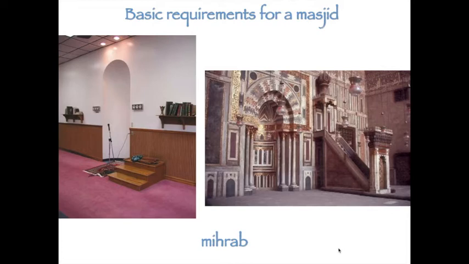On the left, a relatively plain, white, plastered and painted arch, and on the right, the Grand Mosque outside of Cairo, an ornate, columned, and tile work designed mihrab. Both serve the same function, orienting you towards the direction of Mecca. Now, there's another element in these photos that is similar, but in one case on the left, a little humbler compared to the same comparable element in the mosque outside of Cairo.